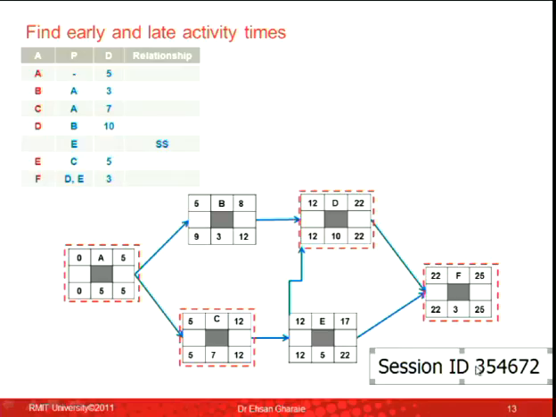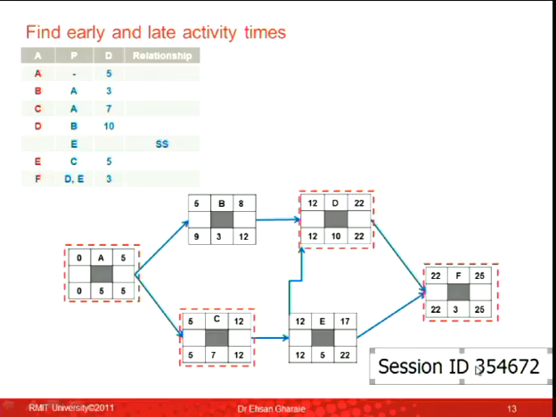Now, where is the path? Is there any path between C and D? Yes or no? Can I go A, C, D, F, critical path? Is there a path?